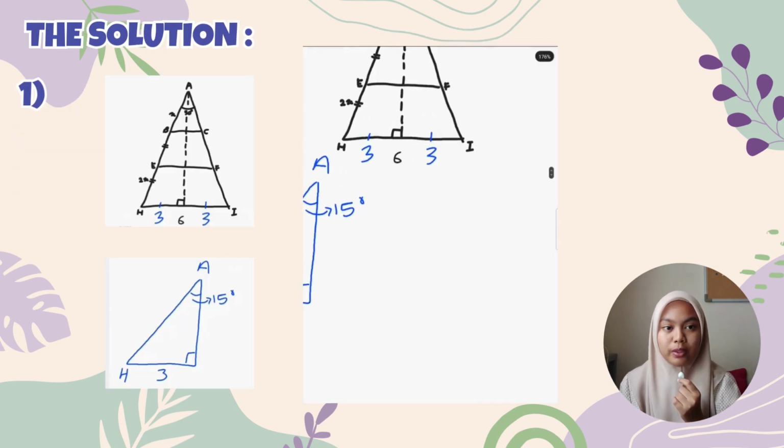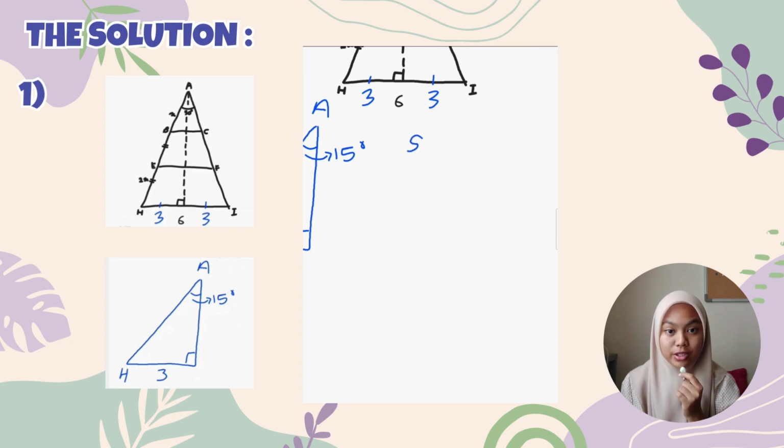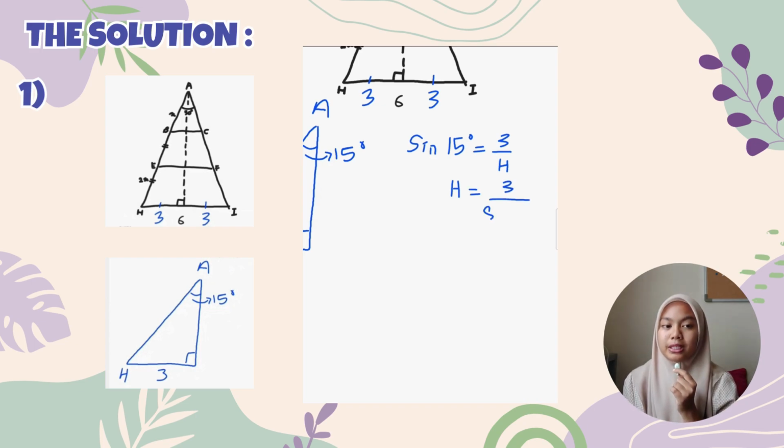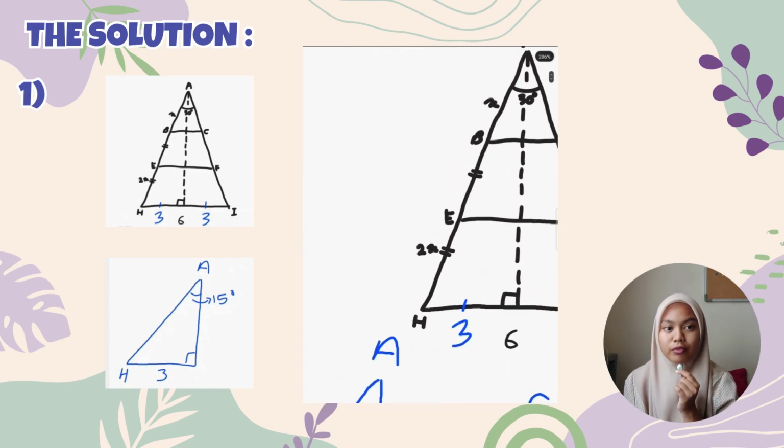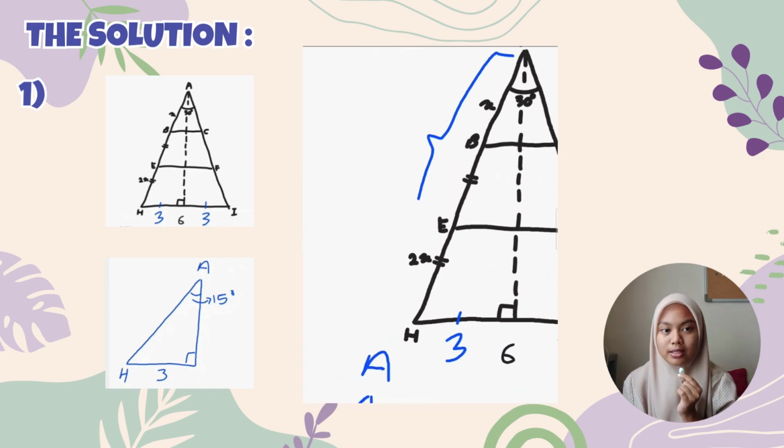So first, we have to find the length of AH to find the x. So sin 15 degrees equal to 3 over h. h equal to 3 over sin 15, and we get AH is equal to 11.5911. We know that 11.5911 is equal to 5x, from 2x plus 2x plus x.